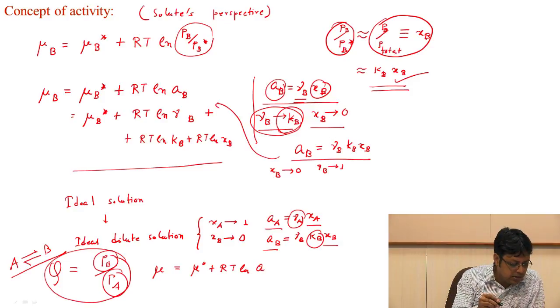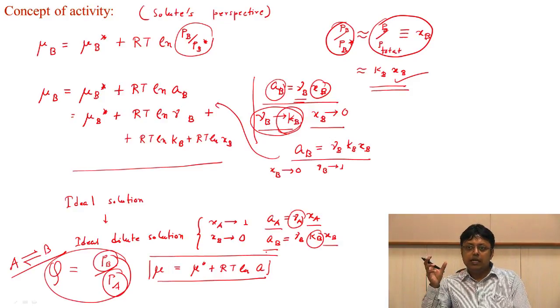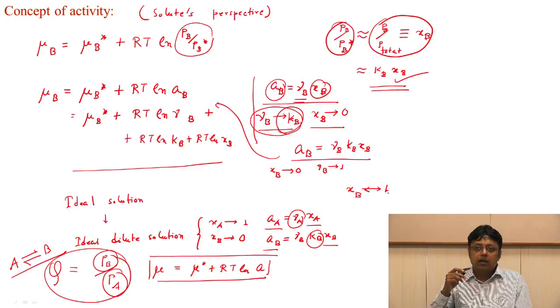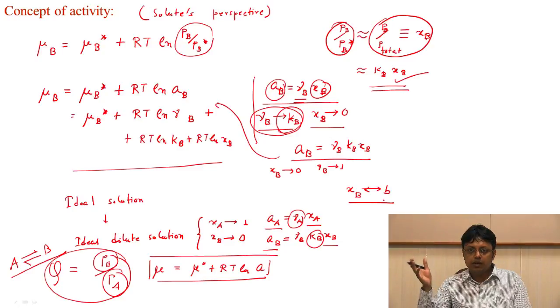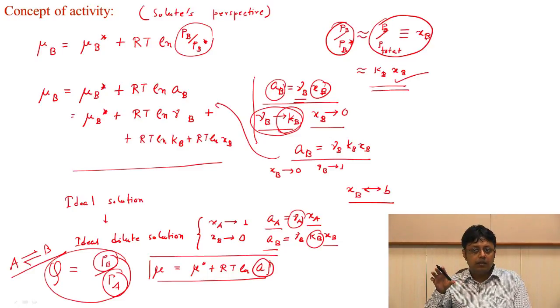By the way, when I use this equation, of course in a real life situation you usually connect it to the concentration, because this mole fraction is also connected to the concentration, and usually you connect it to the molality of the solute, and there are equations for how you connect the mole fraction to the molality, and then you just write Henry's law in terms of just Kb into B, something we discussed, and then we'll replace the activity with concentration, but that strictly is valid only for the dilute solution limit, when the solution also behaves ideally with respect to the solute perspective as well.